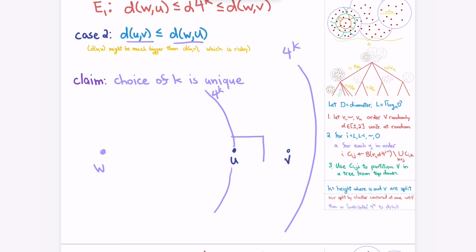Yeah. Well, this could be the whole range of 2 times 4 to the K or something. And this would be 1 times 4 to the K. So any value of alpha in between is okay.